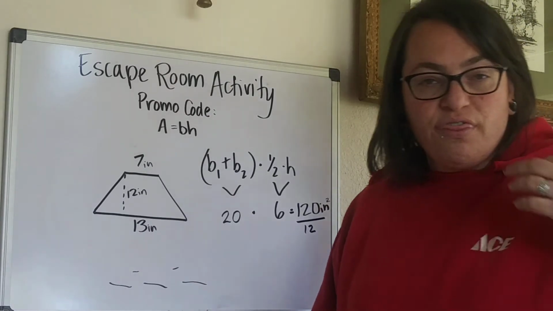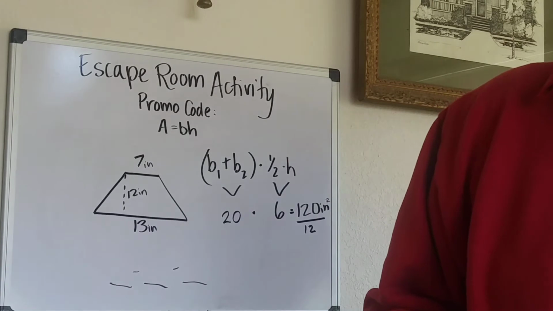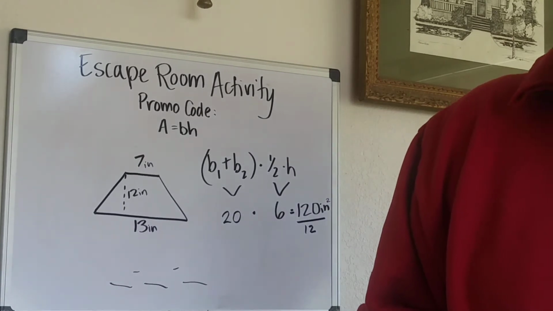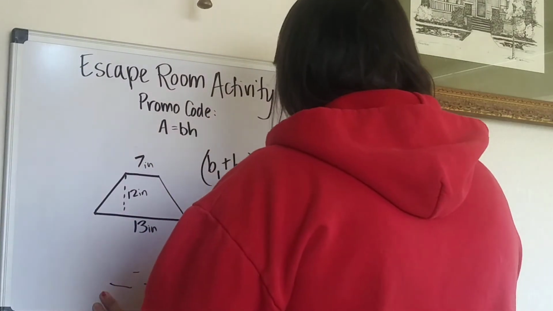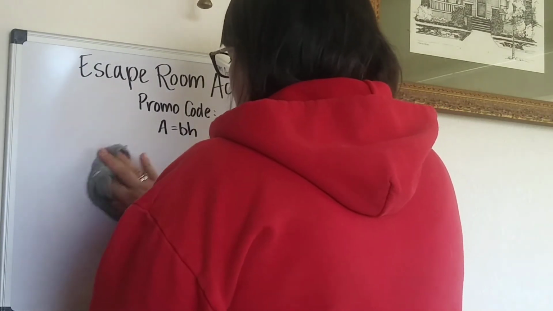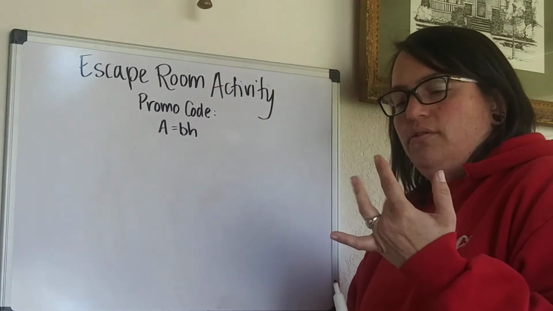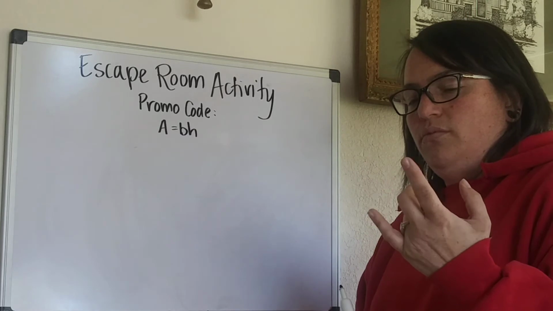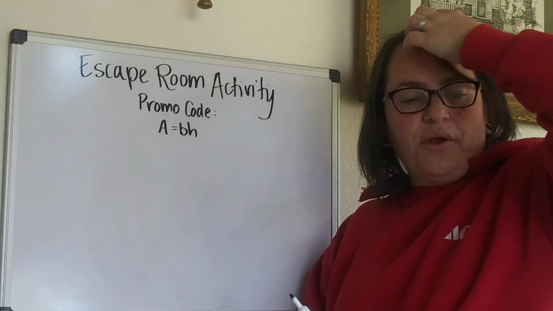Now, on the third page, I flipped my paper for that one. Oh, the third page is the triangles. Okay, so there are 7 triangles. Yeah, there's 4 and 3.